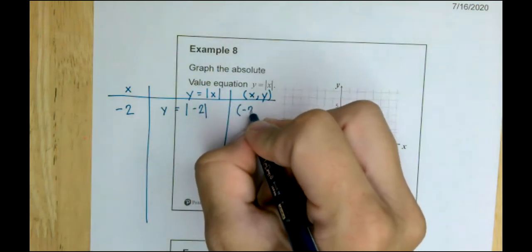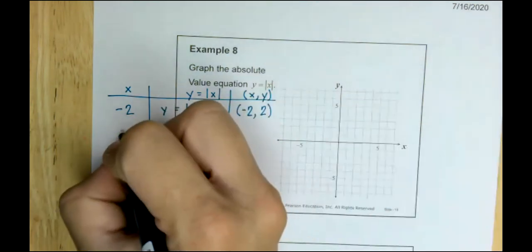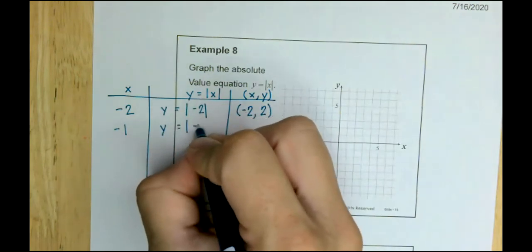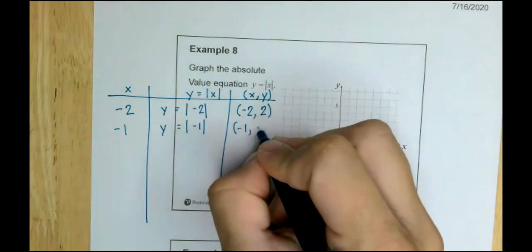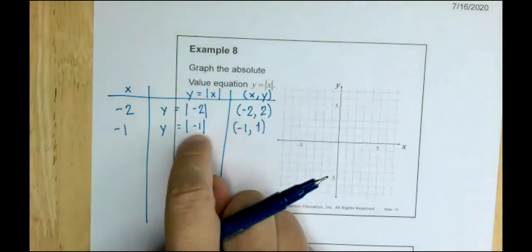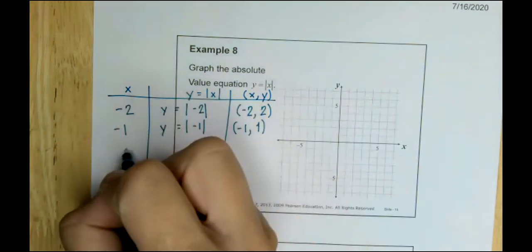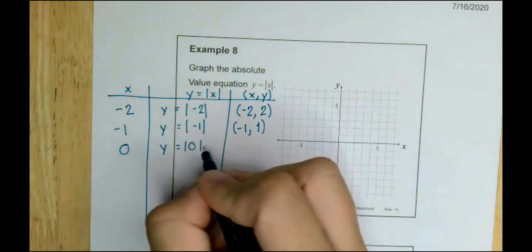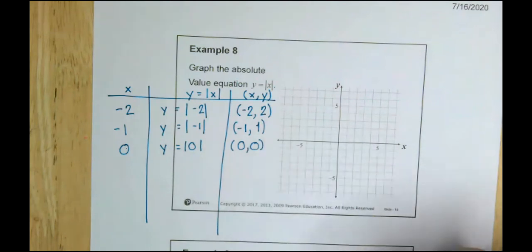That means x is -2, y is +2, right? -1. Y is the absolute value of -1. That means x is -1, y is +1, right? The absolute value of -1 is +1. When x is 0, the absolute value of 0 is 0. So it goes through the origin.